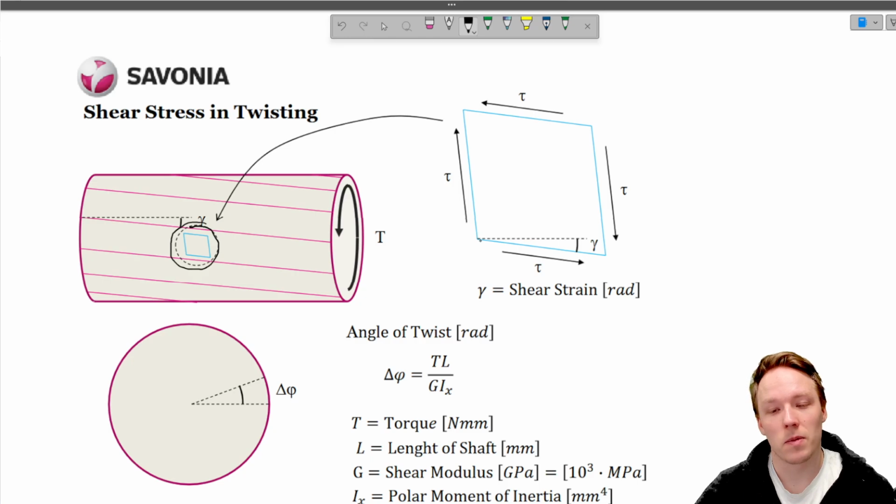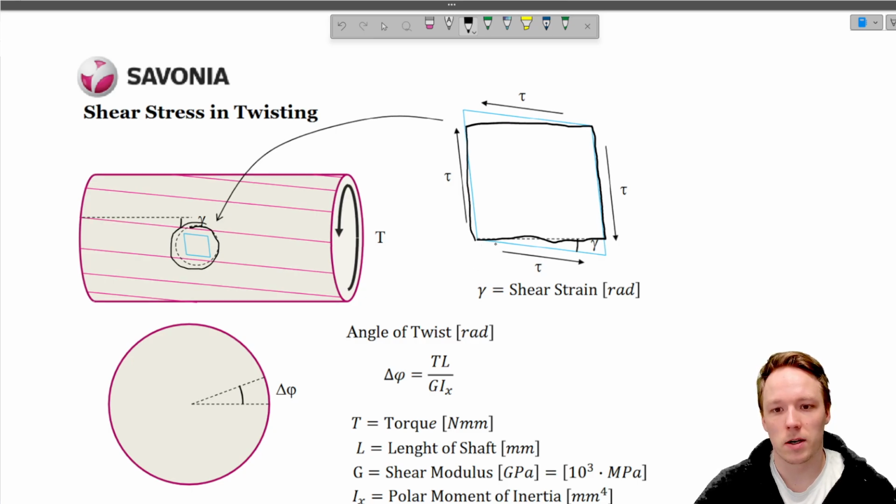If we did not have any stress here, this piece of material would be rectangle shaped, but when we have applied a load, it has changed to a diamond-like shape, and the angle there is the shear strain.